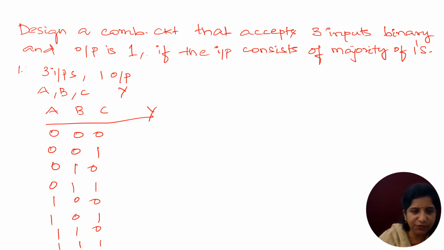For the first combination, 3 zeros, no 1, so the output will be 0. In the next combination, majority are zeros, so the output is 0. In the third combination 010, the majority is 0, so the output is 0. Now 011 consists of majority 1, so the output will be 1. Next 100, the majority are 0.